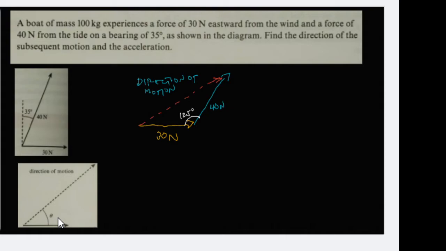Next, here we're going to have our theta. And this time, we can use the cosine rule to find the resultant. So this will be our resultant, the broken line. Okay, we will find it using the cosine rule. Now, take note that the cosine rule, one of the sides, let's say c squared, will be c squared is equal to a squared plus b squared minus 2ab cosine of c.